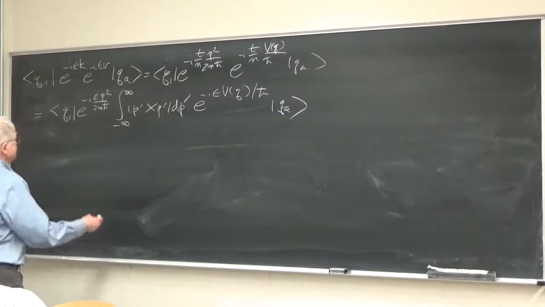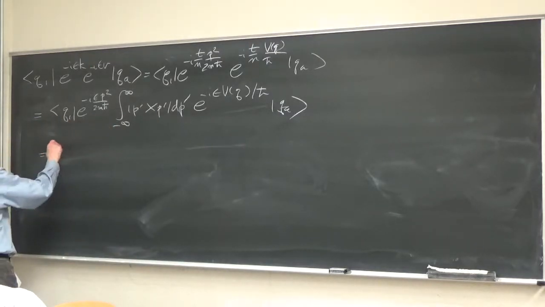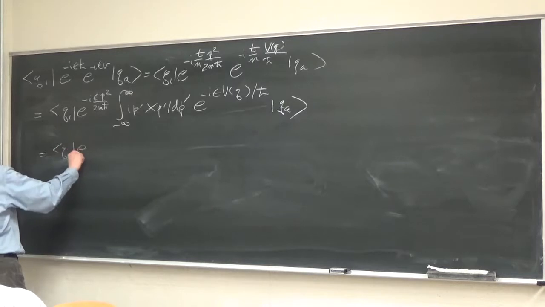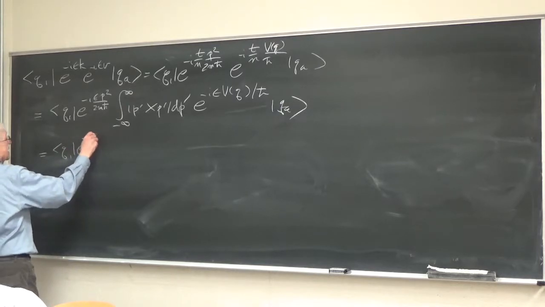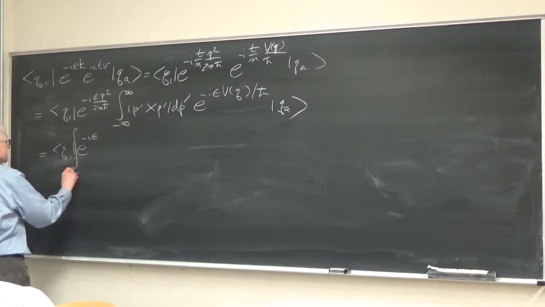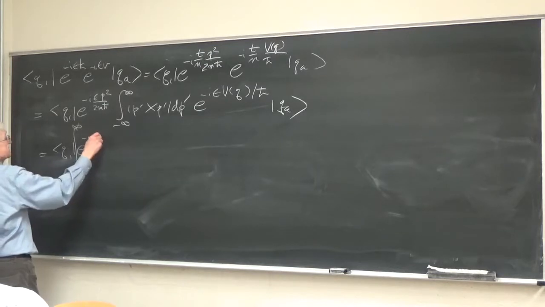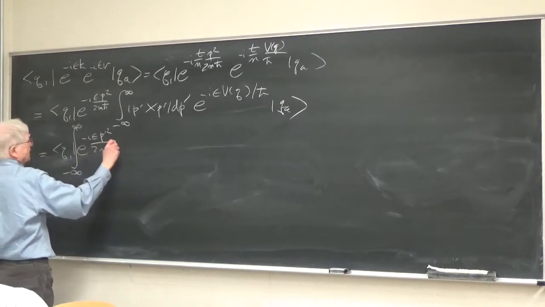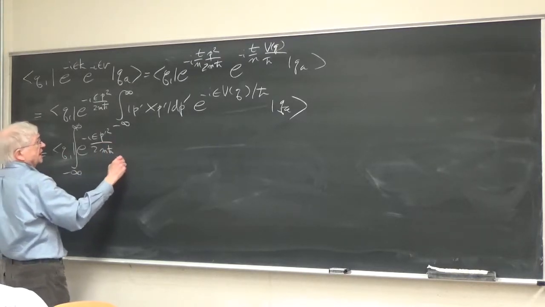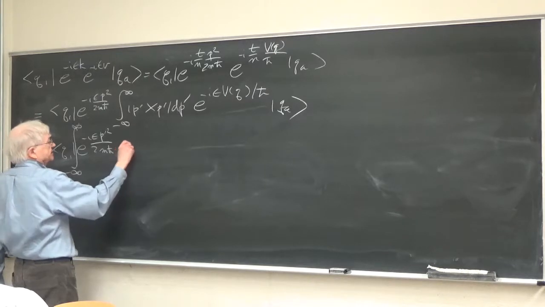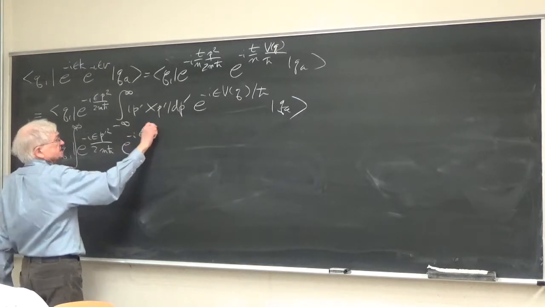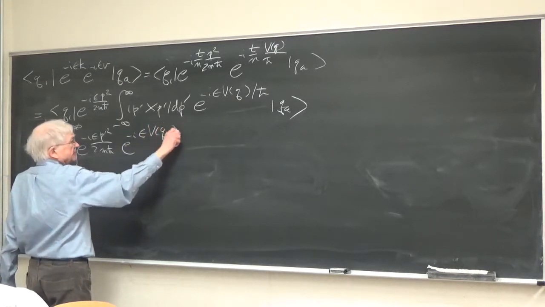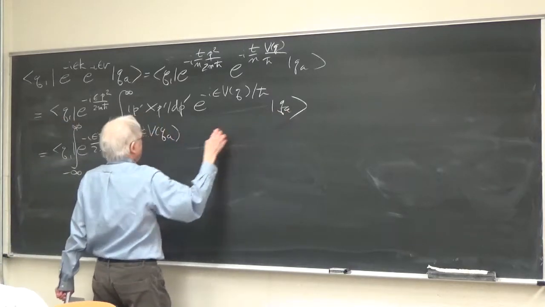And so this turns into q1, e to the minus i, an integral from minus infinity to plus infinity, of epsilon p prime squared over 2m h bar, h bar, not h bar squared, e to the minus i epsilon V of qa over h bar.